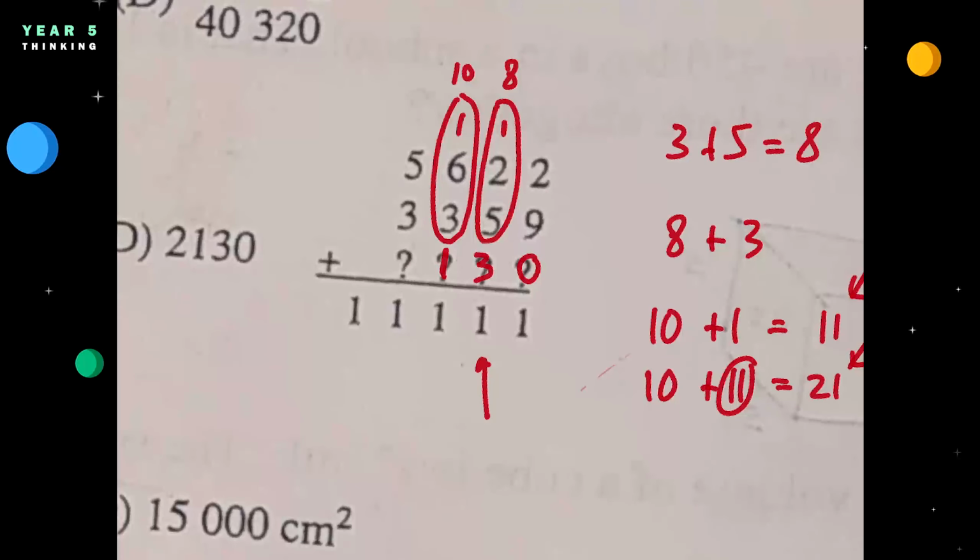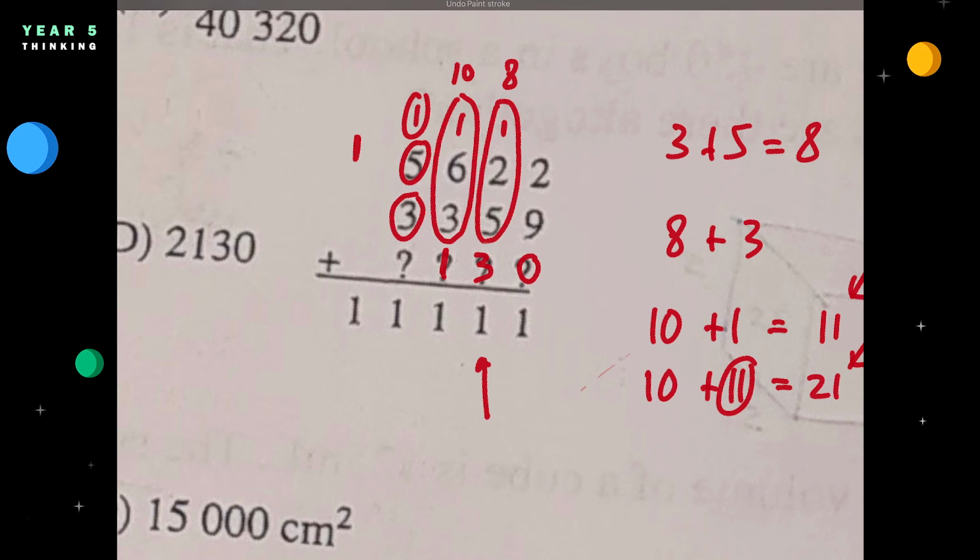Okay, so that means 10 plus 1 is 11, so we carry the 1 over. And now we have 1 plus 5 is 6, 6 plus 3 is 9. 9 plus what number will give me 11? Because we want the total to be 11, because we know there's a carry of 1 over here, and this one's a 1, so we know it's 11.